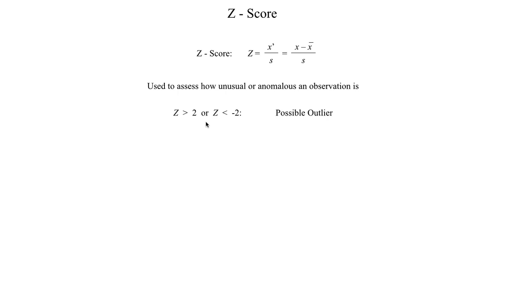But usually, as a rule of thumb, if you get a z-score that's greater than 3 or less than -3, you're probably talking about an outlier. And by outlier, we mean a particular data point that is so far away from the average or so outlandish that it's pretty unusual.